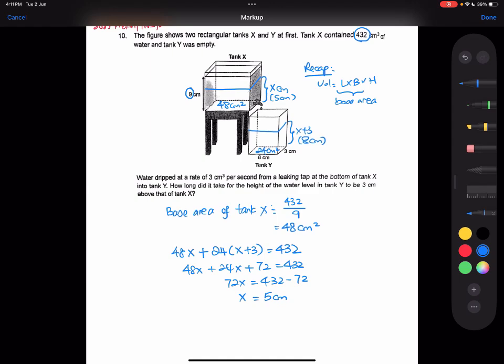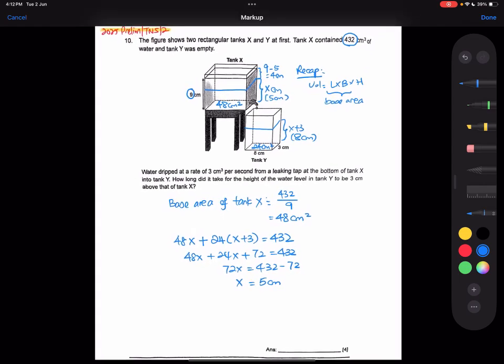Now the water in tank X is going to drop to 5 centimeter from the original 9 centimeter. So do we know what's the height that drops for tank X? Yeah, it's from the original 9 minus 5, which is 4 centimeter. The height of water in tank X dropped by 4 centimeter.